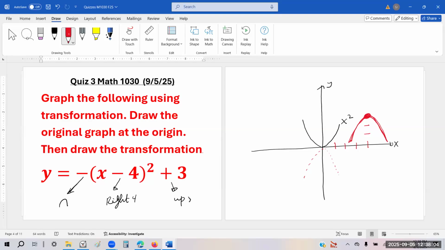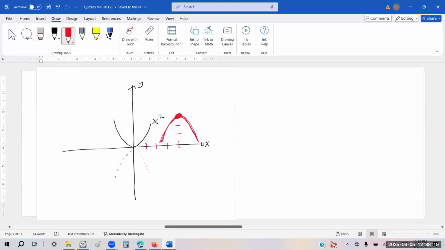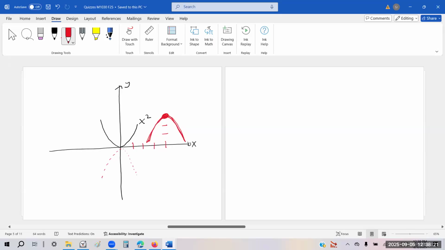Question. So you're going to see a transformation question in the exam. It may not be a square, it may be a cubic function. So if you have a cubic function, let me also draw the cubic function here, just in case. Y equals negative x minus 4 cubed plus 3.